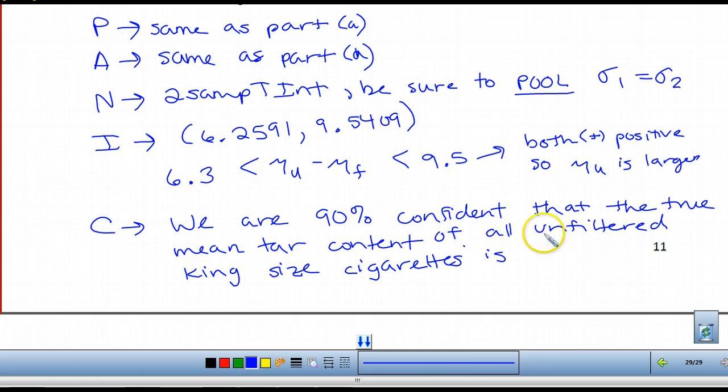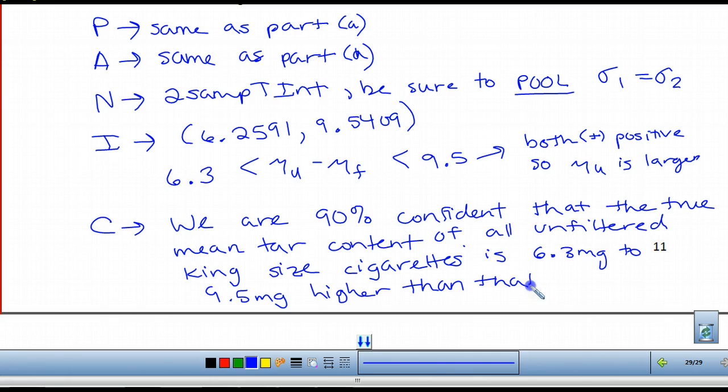And because they're both higher, we can say 6.3 milligrams to 9.5 milligrams higher than that of all filtered 100 millimeter cigarettes.